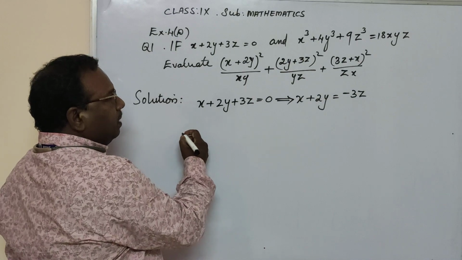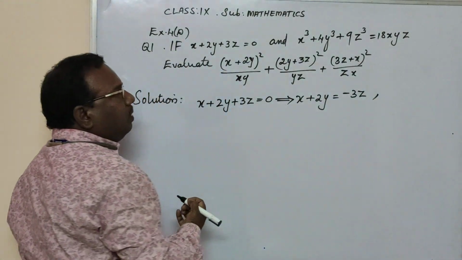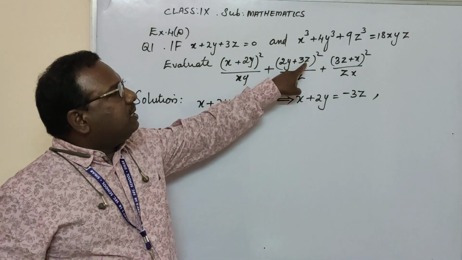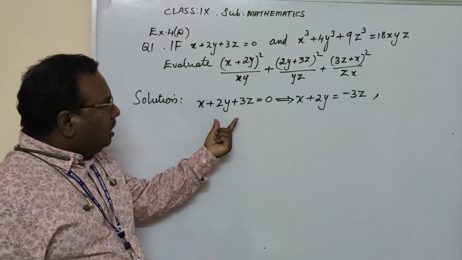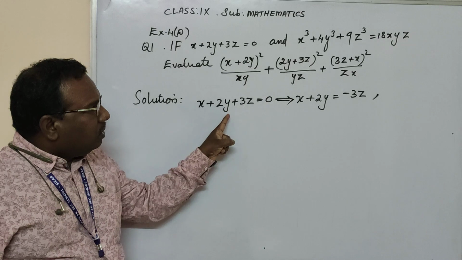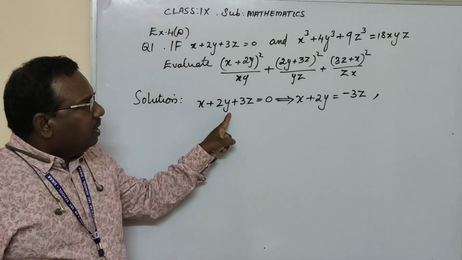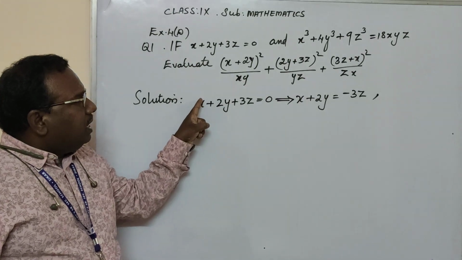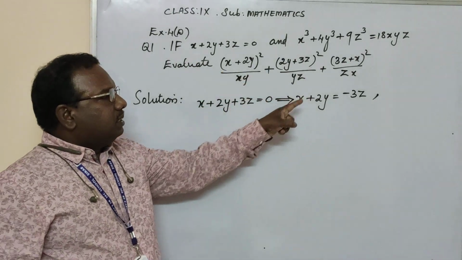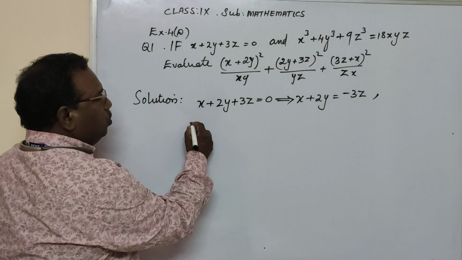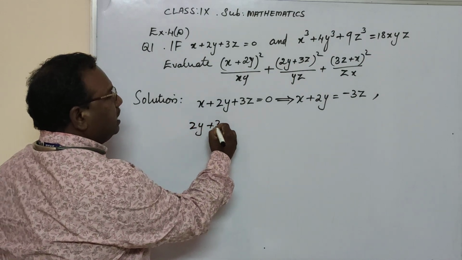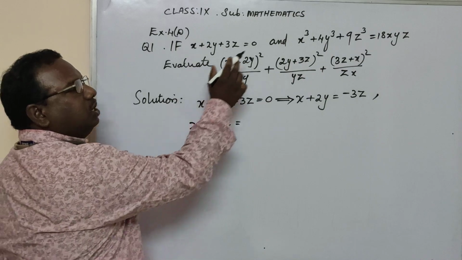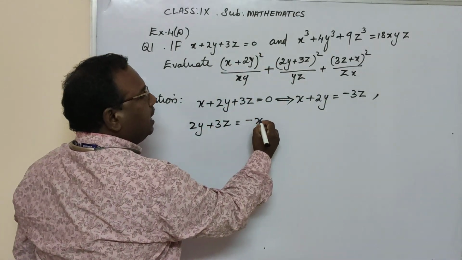Again, look at the numerator of the second term, 2y plus 3z whole square. We have to write 2y plus 3z. So we take this plus x to RHS. That is 2y plus 3z is equal to, when this positive x is taken to RHS, it becomes minus x.